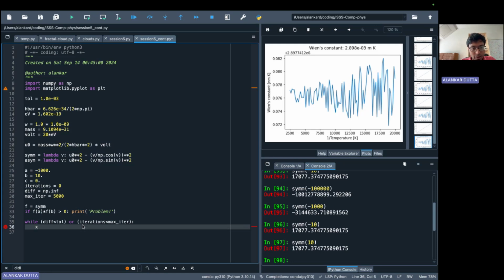So we compute xtmp. This is the temporary value, which we find by the regular false position method.